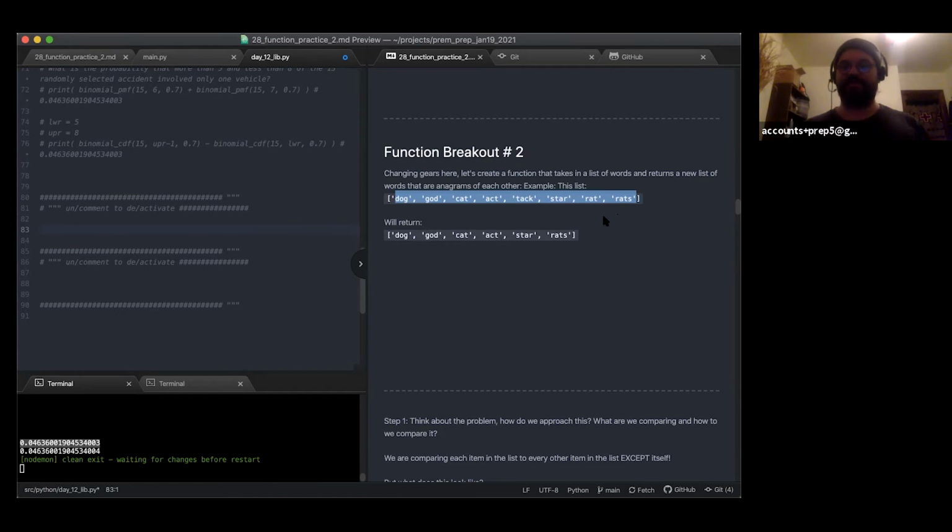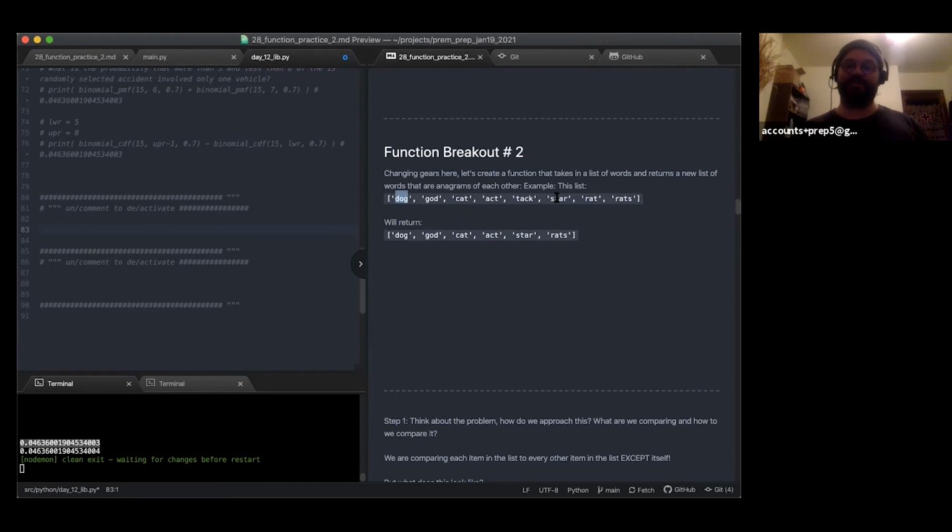An anagram is a word that contains all the same letters, not necessarily in reverse order. If you look at cat and act, cat spelled backwards is tac. It's tack. But act is not in reverse order. It just has the same letters. So any word that has the same letters, that's not exactly the same word, right?